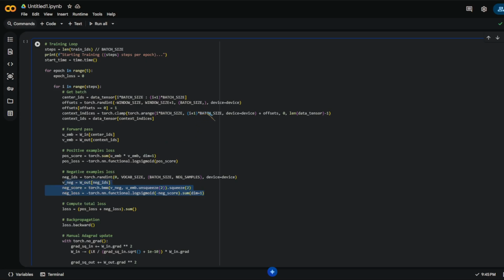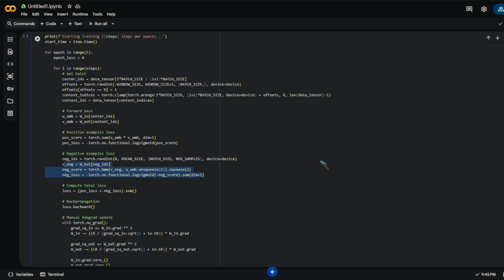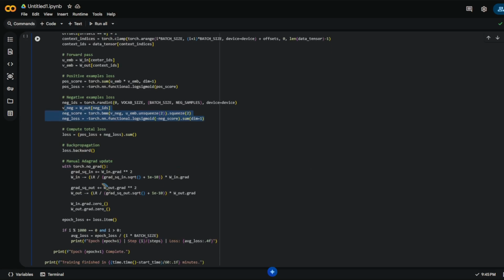I've also implemented a manual AdaGrad, so I'm not using torch.optim for optimization. I wrote the AdaGrad update rule from scratch because the text data is sparse, so some words appear rarely, and AdaGrad adapts the learning rate for each individual parameter, taking larger steps for rare words and smaller steps for frequent ones.